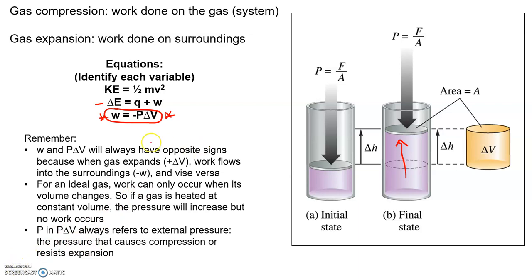The second thing that you need to remember when looking at specifically gas expansion and gas compression and this work equation is that when you have an ideal gas, work can only occur when the volume changes.